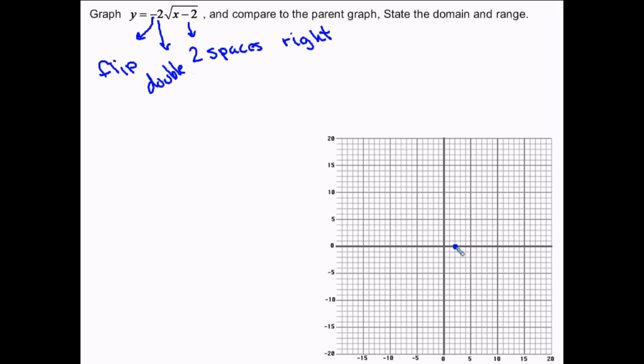So instead of the normal shape of a parent graph, I'm going to be twice as fat. Okay, so that's how you can combine those. And like I said, there's 2 choices. If you want accuracy, if you're looking for specific points, you're going to want to go ahead and do a T-chart. If you're just looking for the general shape, you can combine your translations, dilations, and reflections and just draw a general idea.